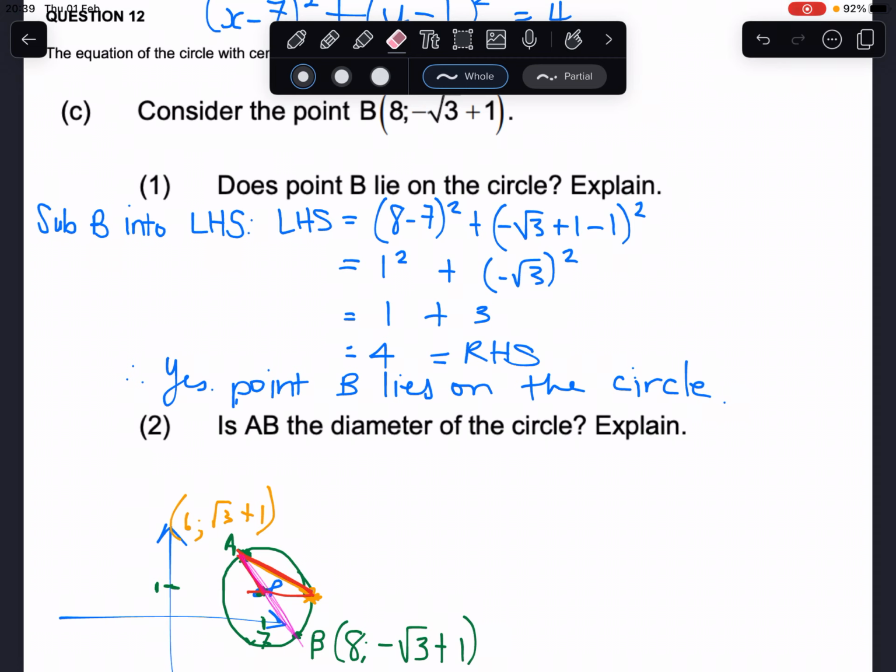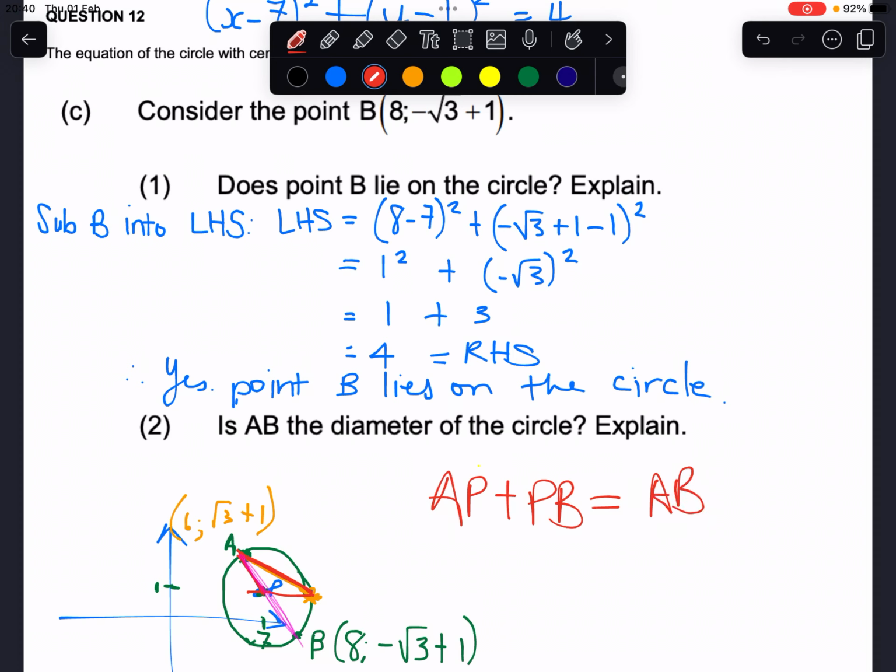Yeah, because I'm not actually sure how else. I mean, I guess another way that we could prove it, but this would really be laborious, would be to show if AP plus PB is equal to AB, then we know that A, P, and B are collinear, right?